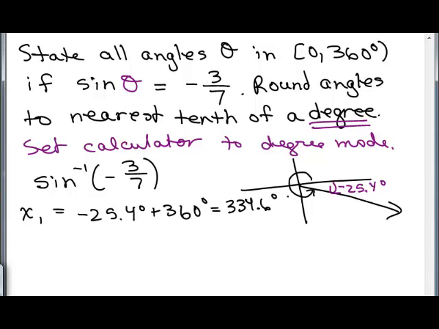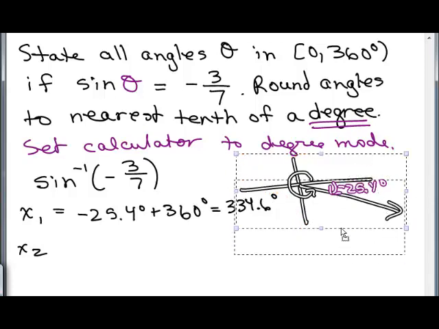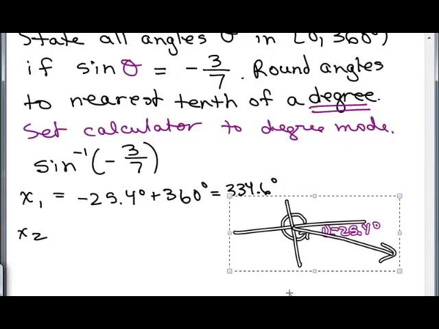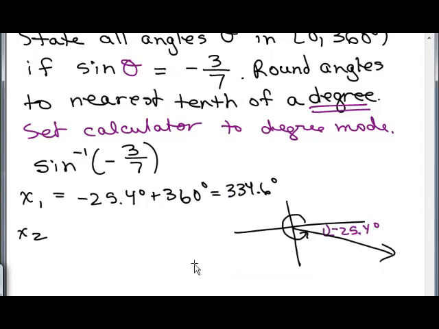All right, well, that's only one of the angles. How am I going to get the other one? So let's move this down just a little bit. Okay, here we go. I'm going to take this off. So where would that other angle be? Where else is the sine negative? It's below the x-axis, and that would be over here. How would I figure out what that angle is?